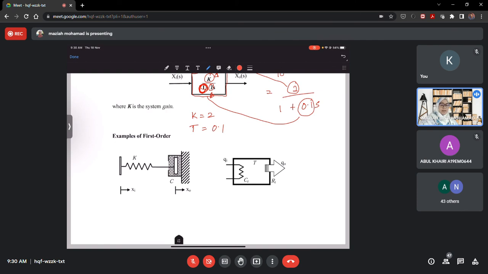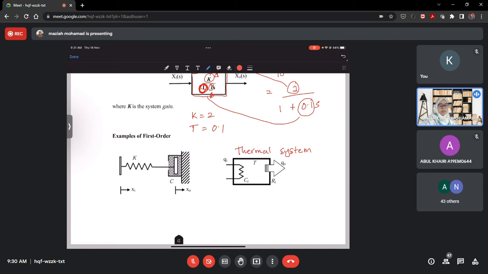Spring damper system. Remember, we already derived the spring damper system yesterday. And then the thermal system. This is a thermal system. Yes, spring damper, because there is no mass, so there is no d squared. So the highest order is 1 only.